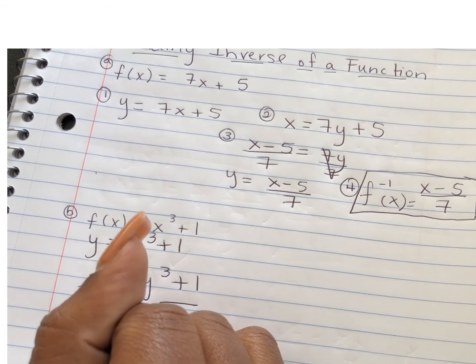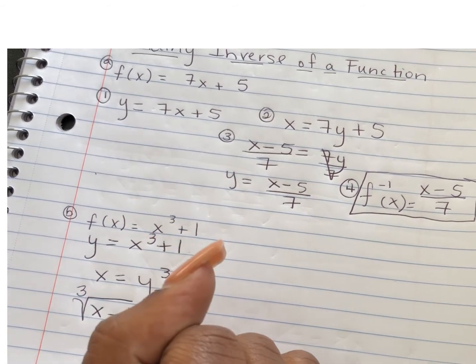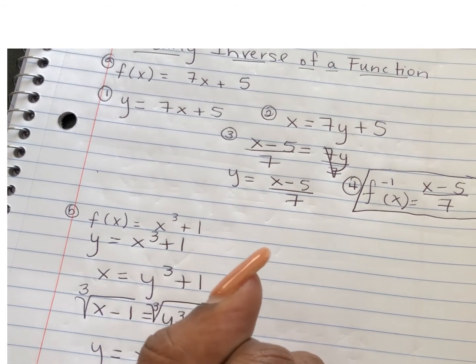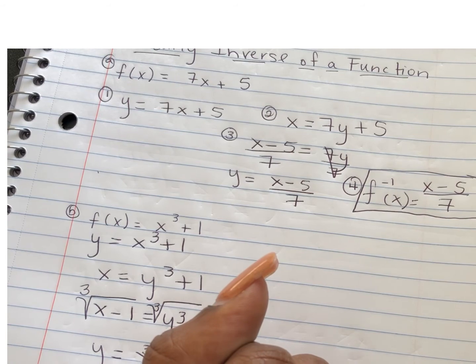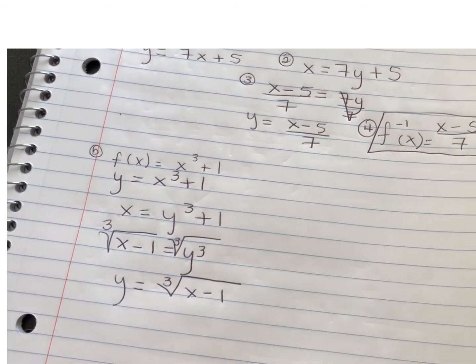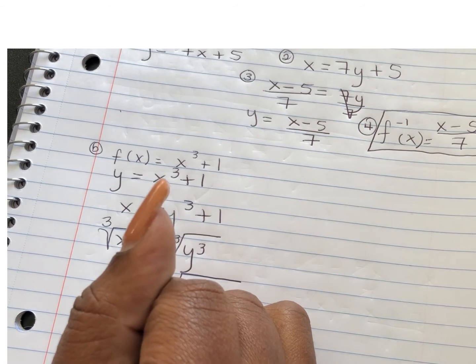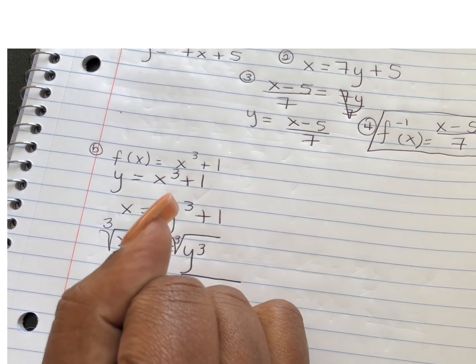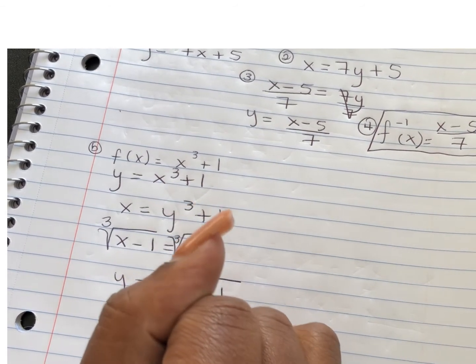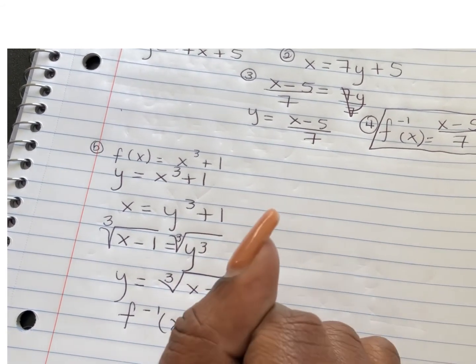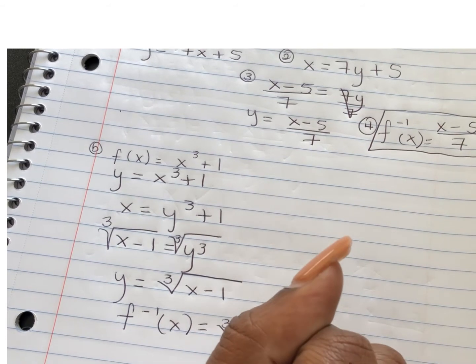And we get y equals the cube root of x minus 1. And remember, the last rule is to replace y with f inverse. So f inverse of x equals the cube root of x minus 1.